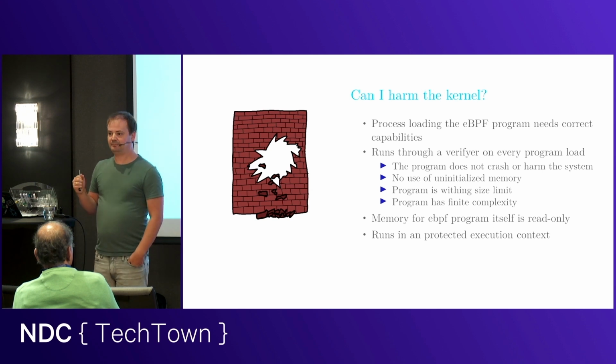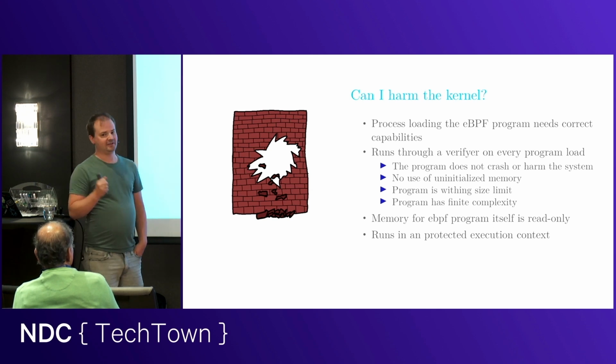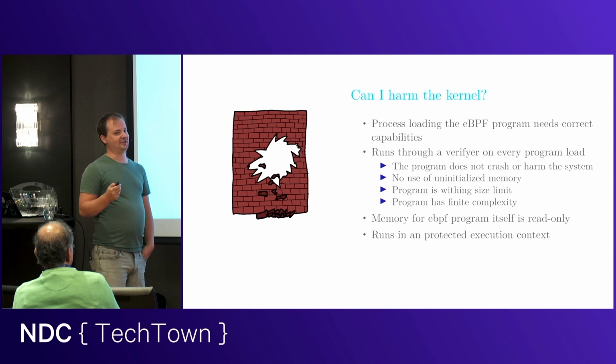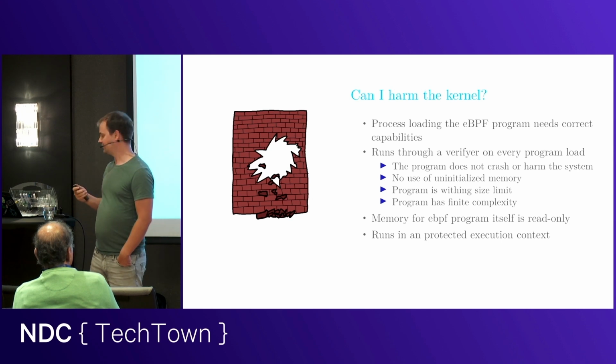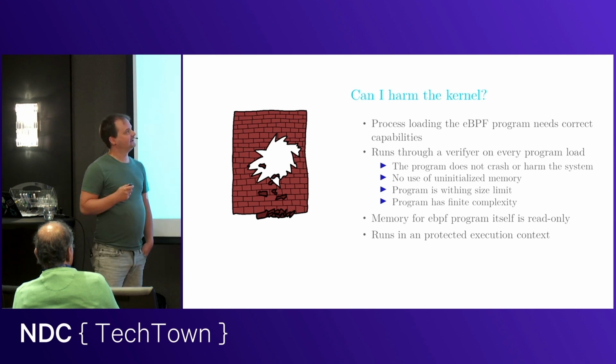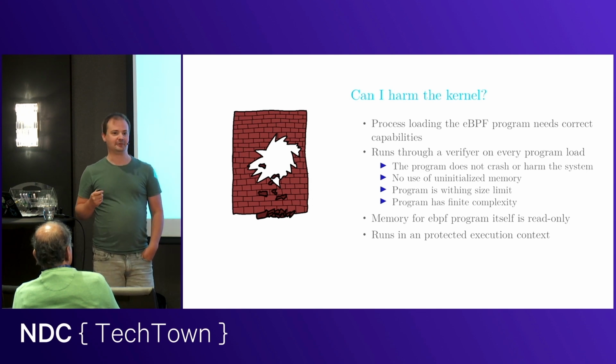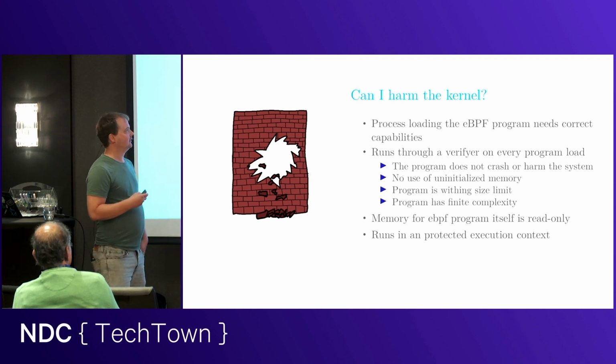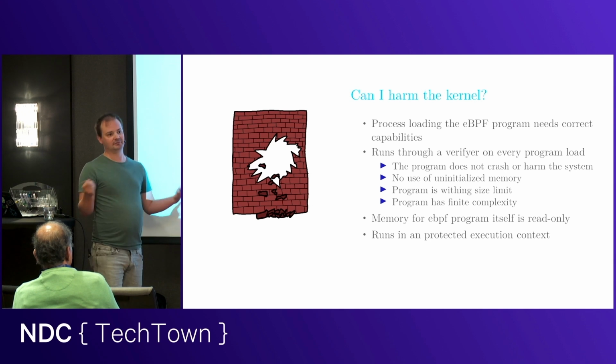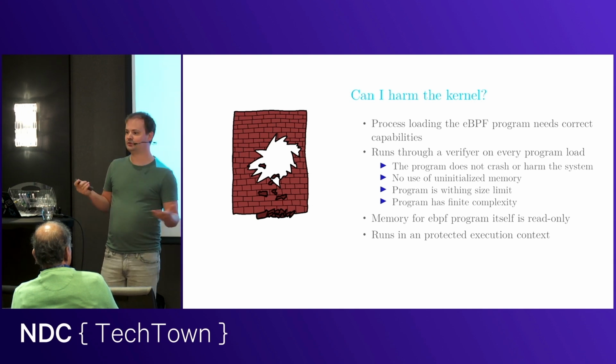Now, running binaries inside of the kernel that comes in from user space sounds like a very scary thing, and it kind of is, because the kernel is something you want to protect. If the kernel goes down, everything goes down. So can I harm the kernel or get information from the kernel that you shouldn't have access to?